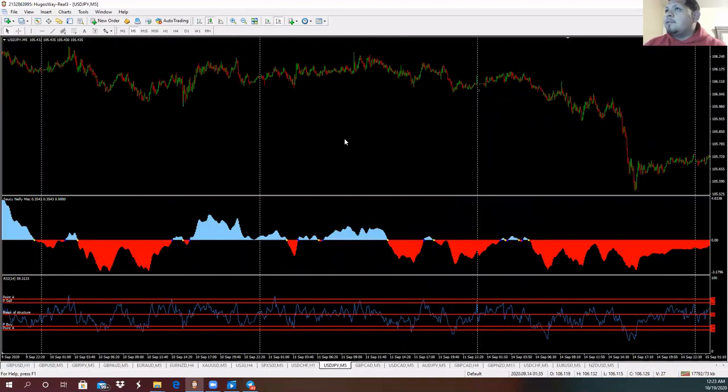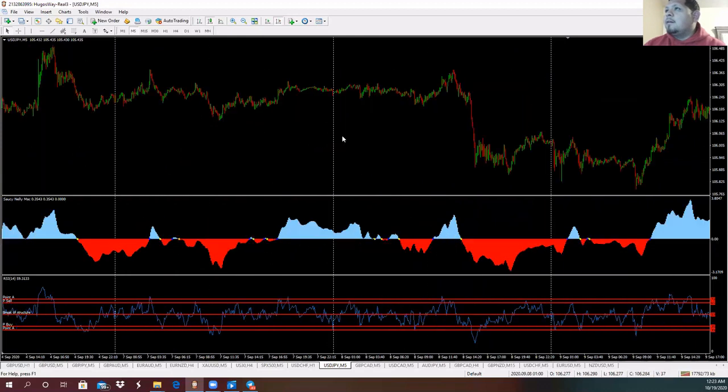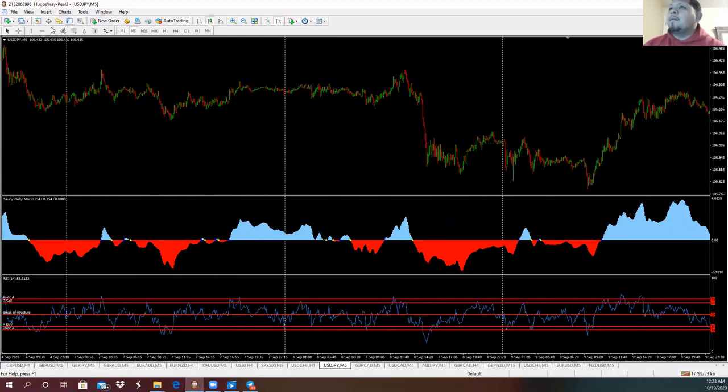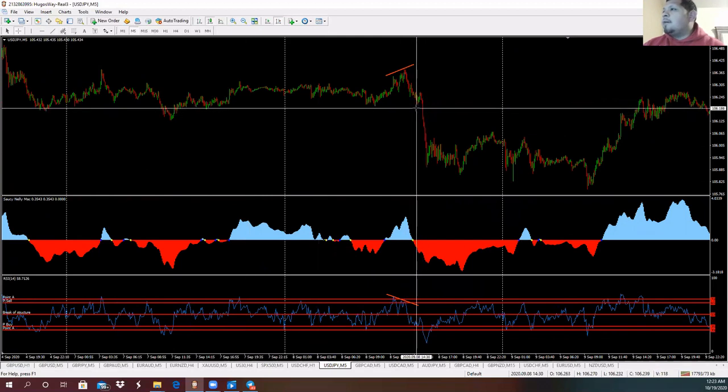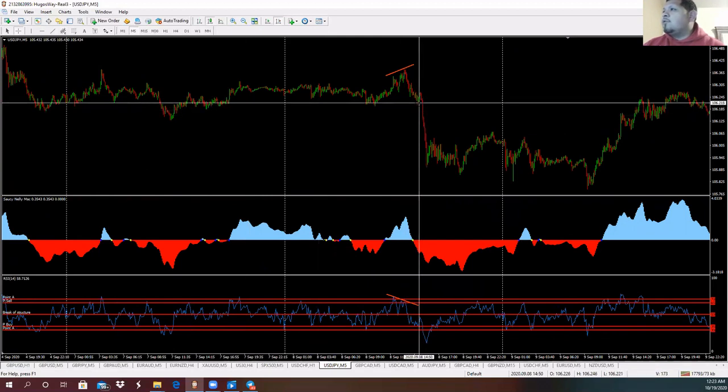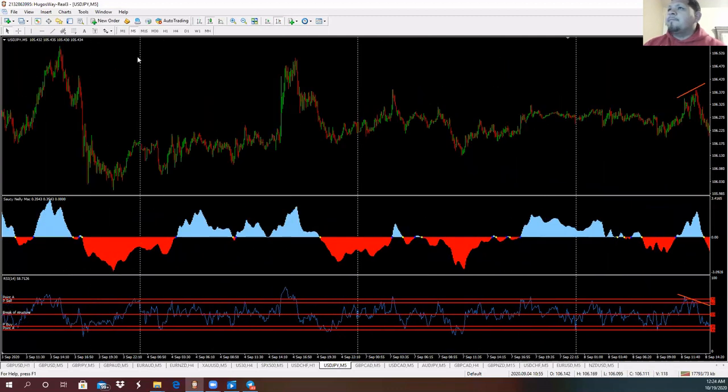I know I had some back here, okay? Check this out. High and a higher high on price, high and a lower high on the RSI. Saucy Nelly issued my sell, 15 to 20, bag secured.